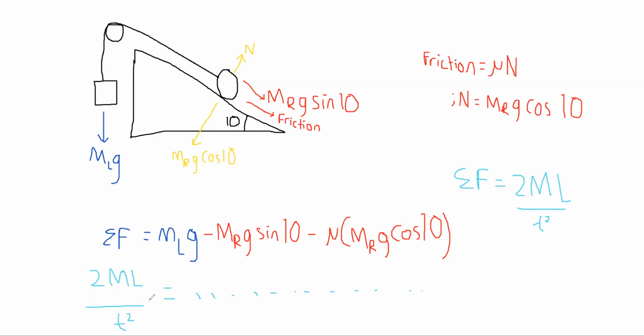From this equation, we know every single value. We know the values of this, we know the values of this. The only value we don't know is this one. So we just calculate.